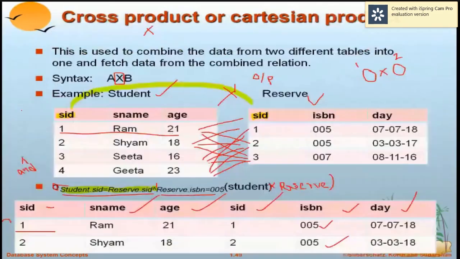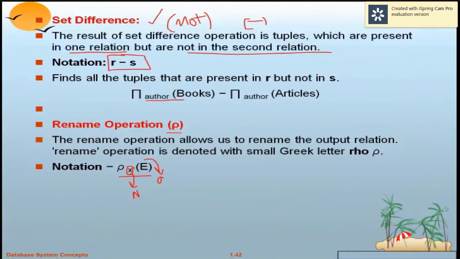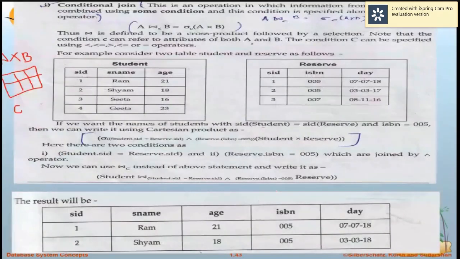Let's look in here. So you see here, I've imposed a condition that reserve.isbn should be equal to 005. Only that data I want to pull out. That means I'm giving a condition to a cross product of student and reserve. In that case, I got my desired output. Same concept: if you impose a condition in your sigma operator for a Cartesian product, that is nothing but a join.